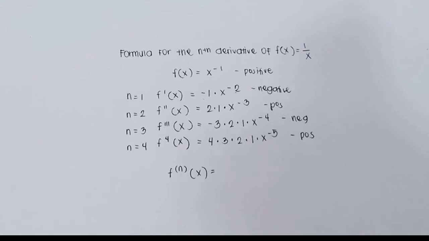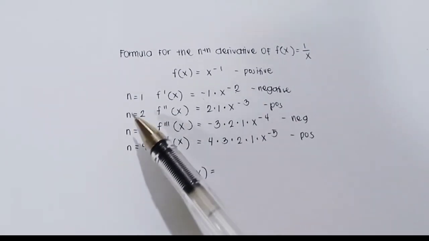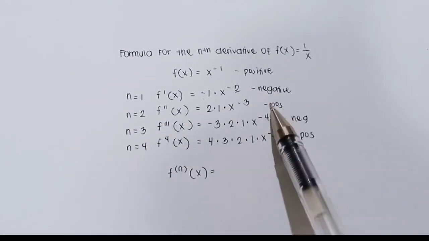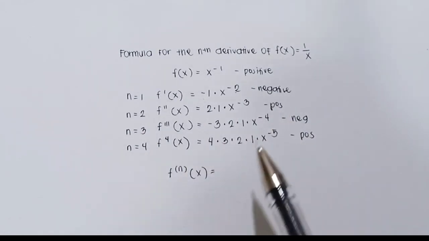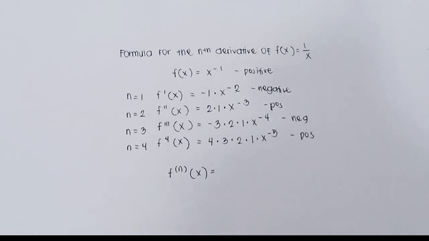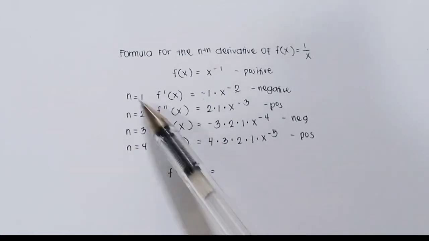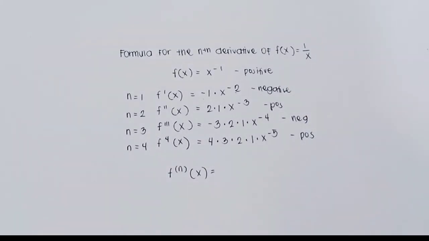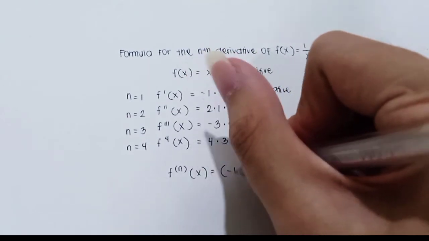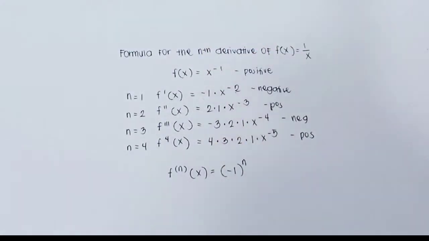So it looks like when n is an even number, we get a positive number. Then if n is an odd number, 1 and 3, we got a negative number. So we can assume negative 1 to the power of n. So when n is odd, we're gonna get negative 1, and when n is even, we're gonna get positive 1.